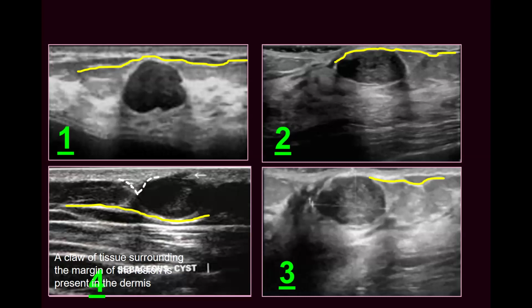I suggest that lesions arising from the anterior TDLU are supposed to be posterior to the superficial layer of the superficial fascia, because the Cooper ligament is attached to this fascia, not to the skin. I reported this as a glandular lesion, and it was proven to be fibroadenoma.